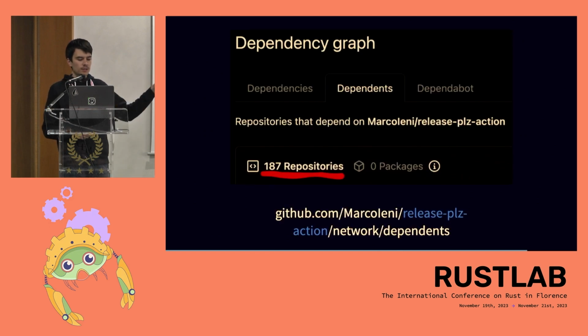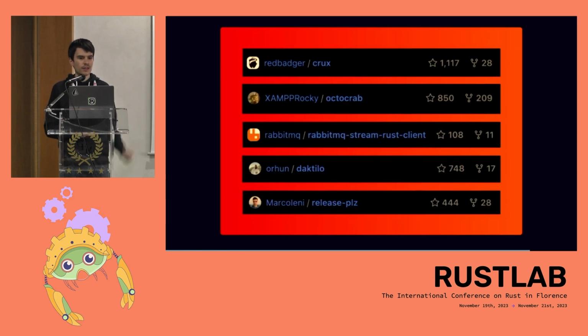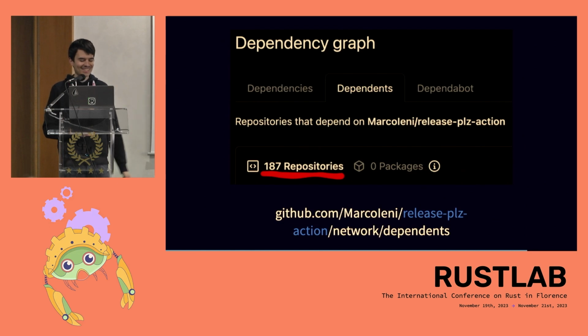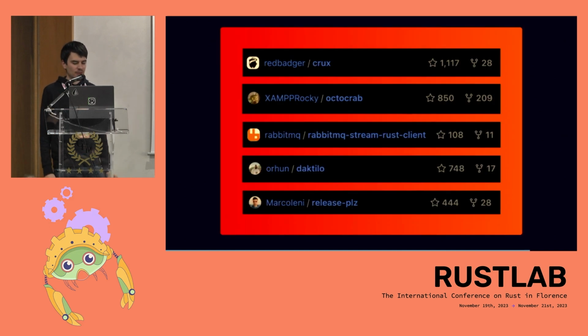So release-plz, according to GitHub dependency graph, at least the GitHub action is used in 187 projects. These are my favorite ones.